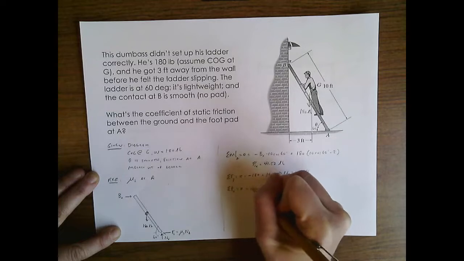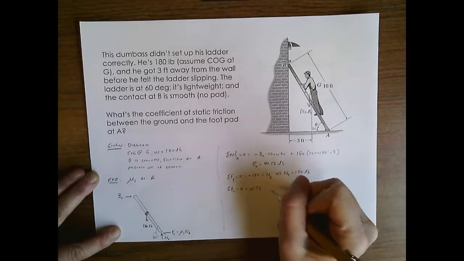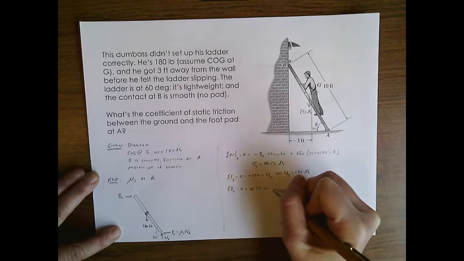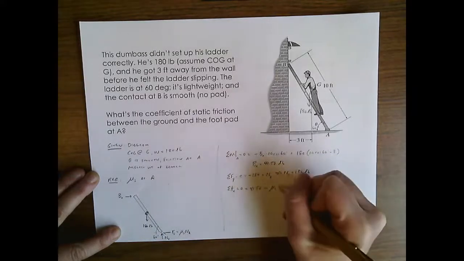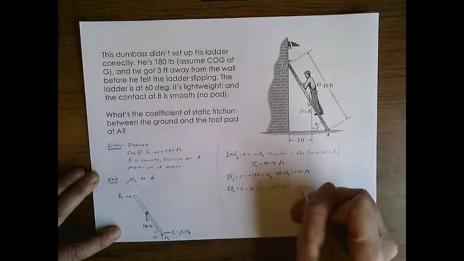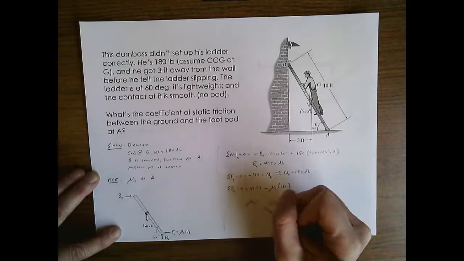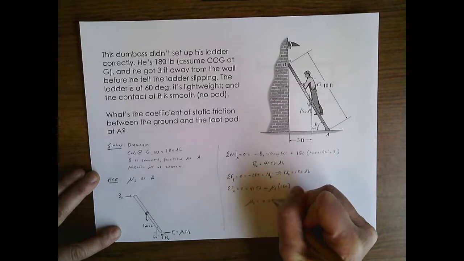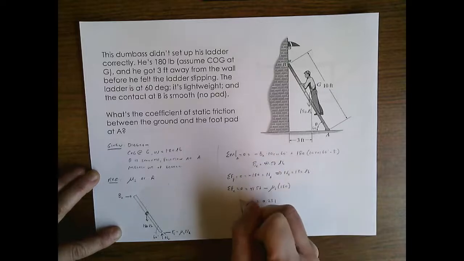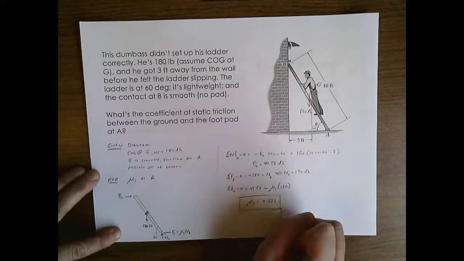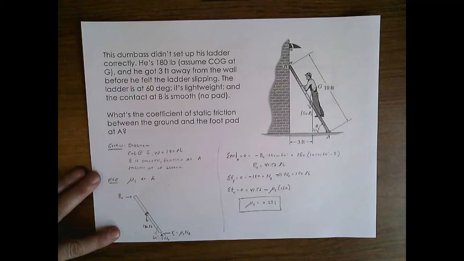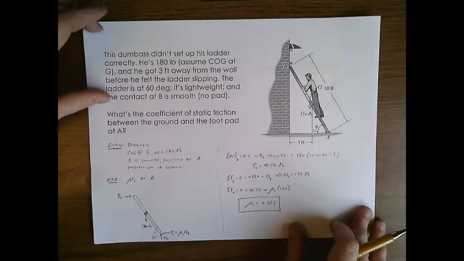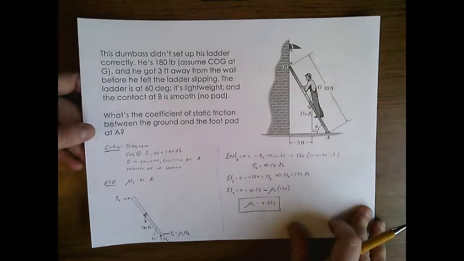So I've got 41.57 minus Fs, which is mu s times the normal, and the normal I solved for being 180. So I can go ahead and back solve this, and I get mu s is equal to 0.231 for the coefficient of static friction at the verge of this starting to slip. Okay, cool. That one was fairly straightforward.